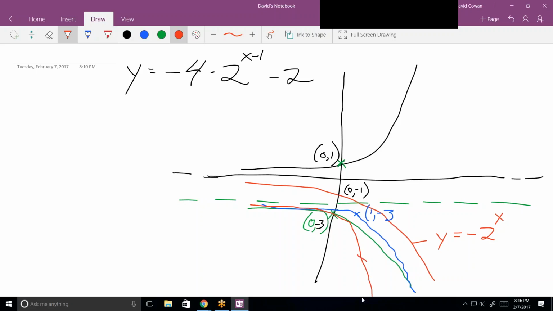And that point right there is now 1 comma minus 12. The x-coordinate doesn't change by that vertical stretch. In other words, vertical transformations only affect the y-coordinate. Horizontal transformations only affect the x-coordinate. All right, so our final curve is that one.